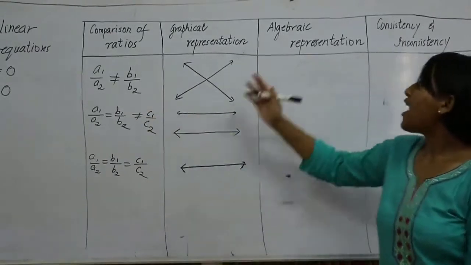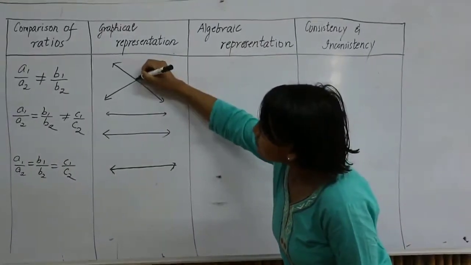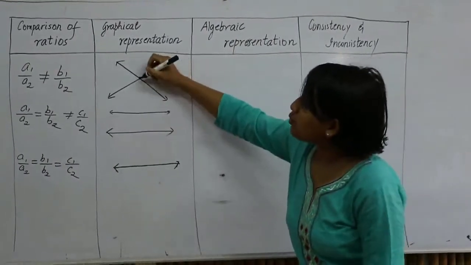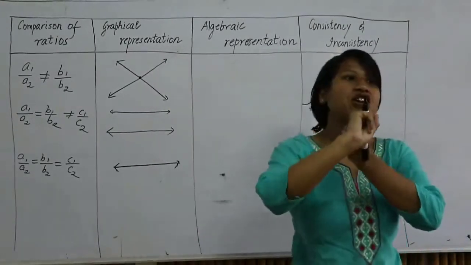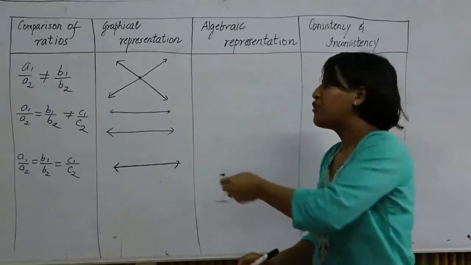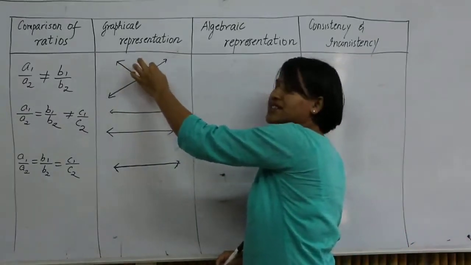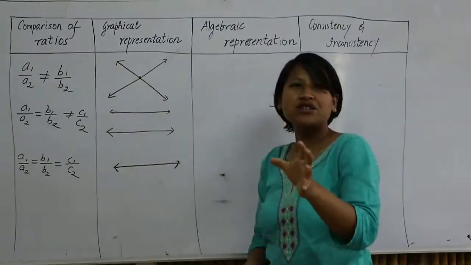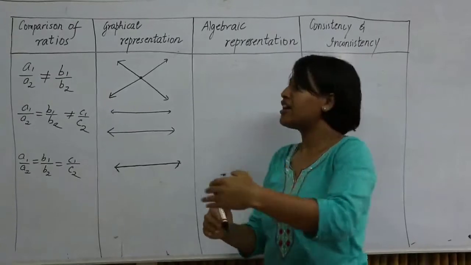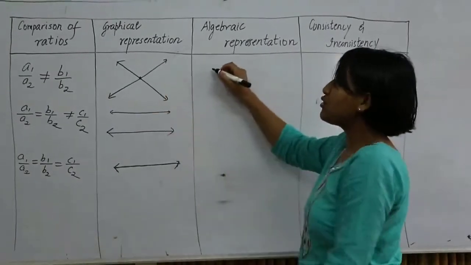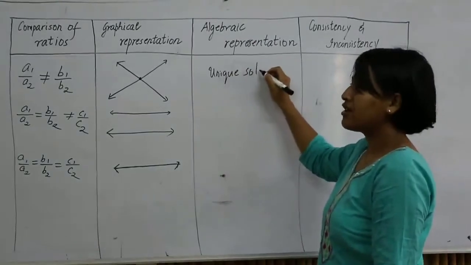Now algebraic representation. When they intersect, they have what? They have a common solution, which means that this point is also a solution of this line, and also a solution of this line. I told you, what do you mean by solution of simultaneous equations? Satisfying both. Common solution. So we have only one solution, hence you can conclude that it is a unique solution.